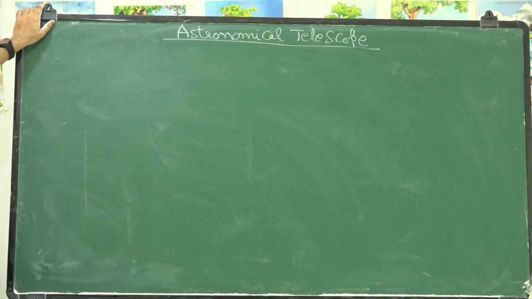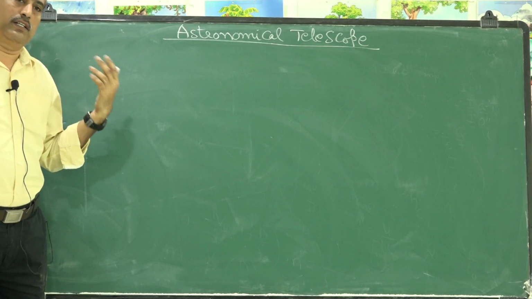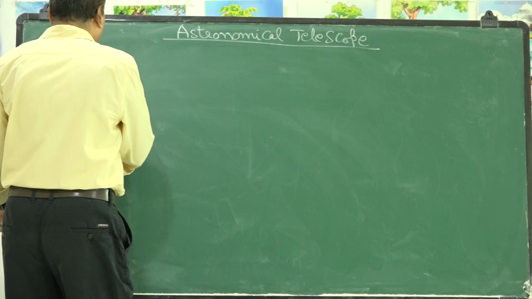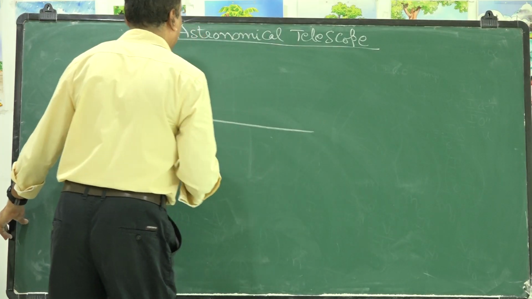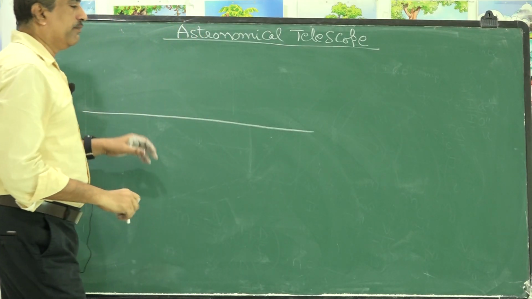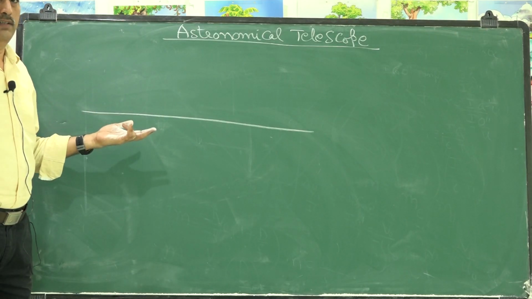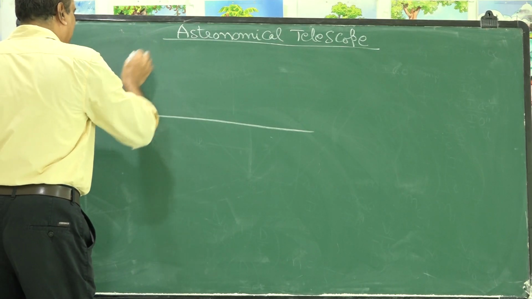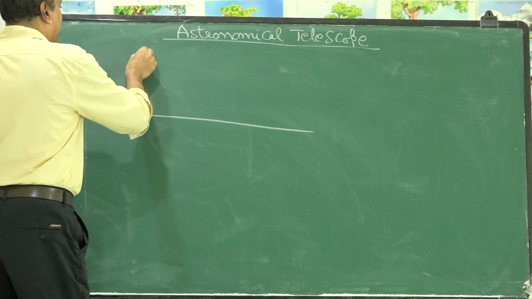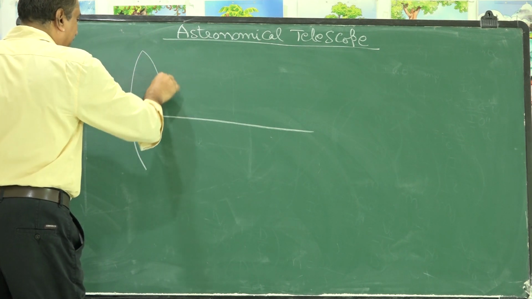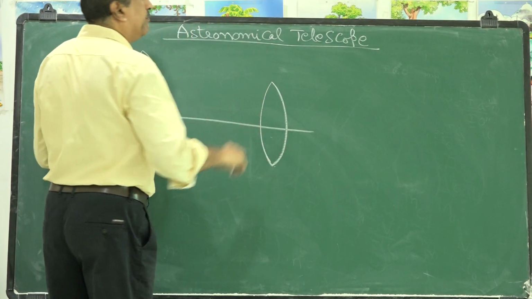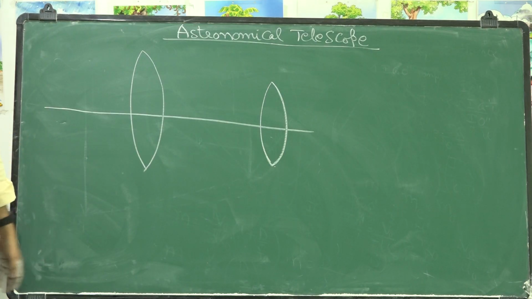This astronomical telescope contains two convex lenses, one of shorter focal length and shorter aperture, and another of larger focal length and larger aperture. They are held coaxially, in two different cylinders, and one slides into the other one. So, the requirement of this telescope is that the objective lens is of larger focal length and larger aperture, and the eyepiece is of shorter focal length and shorter aperture.